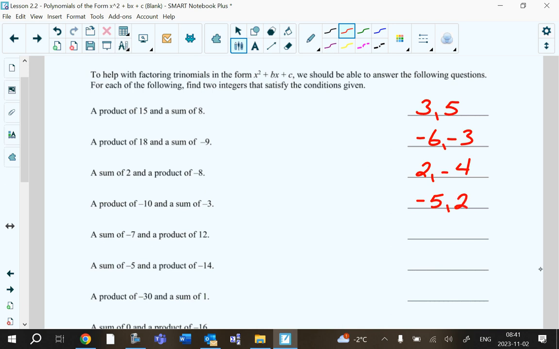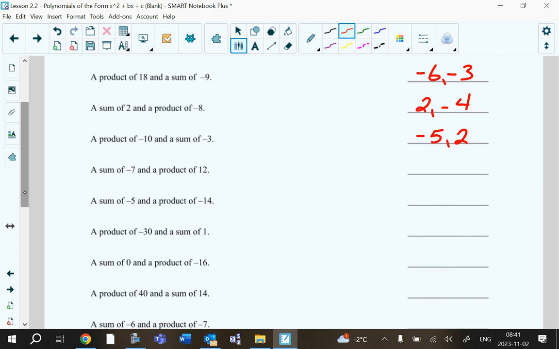Two numbers that add to -7 and multiply to get 12. The hint here, if they add to get a negative and multiply to get a positive, they're both going to be negative. What do you think? -4 and -3. Two numbers that add to -5 and multiply to -14.